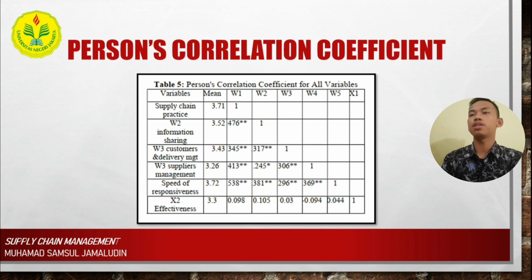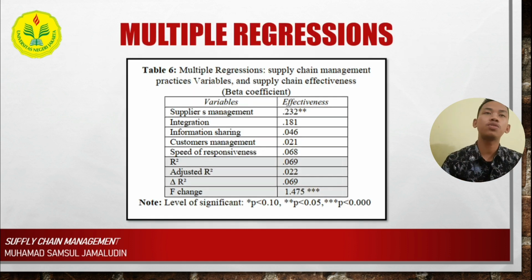There are variables: supply chain practices, W2 information sharing, W3 customers, and so on. Table 6 shows multiple regressions talking about the supply chain management practices variables and the supply chain effectiveness beta coefficient. As we can see here, there are variables and effectiveness here, such as suppliers management, integration, information sharing, customer management, until F chain.